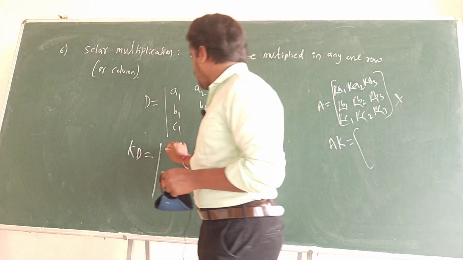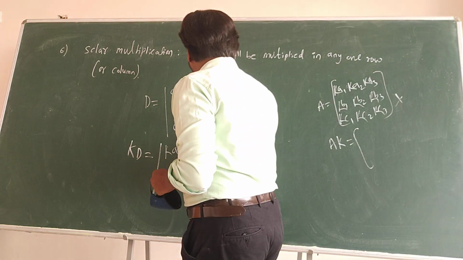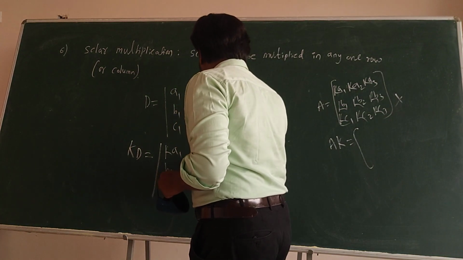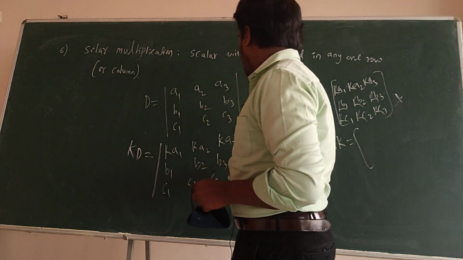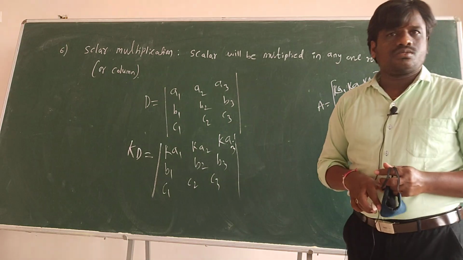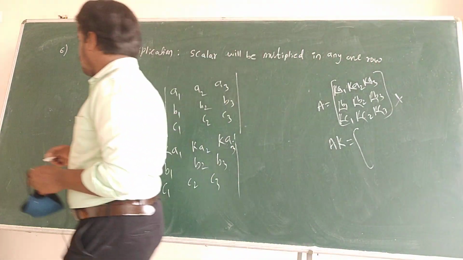So what I get here: KA1, KA2, KA3, B1, B2, B3, C1, C2, C3. This is my answer. Means the answer will be KD. Understood? For example, give me one determinant.